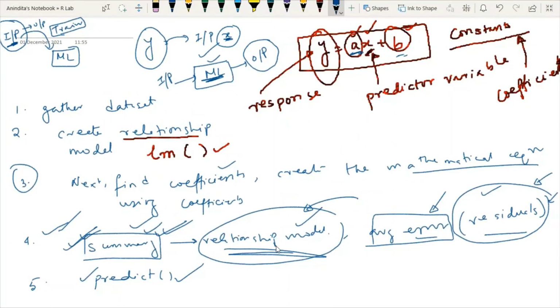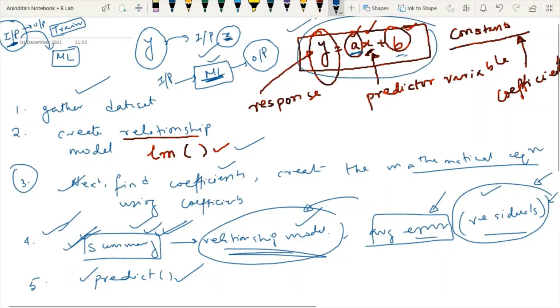So my point is how this linear supervised machine learning algorithm will work. After gathering the data set, we have to use one function, that is lm, and then find the coefficients, and also create the mathematical model, because the equation we use for linear regression is not the same for other regression. And then we have to perform the fourth step. This fourth step is dedicated to training, meaning how much our model has understood of the features and outcome we are giving.